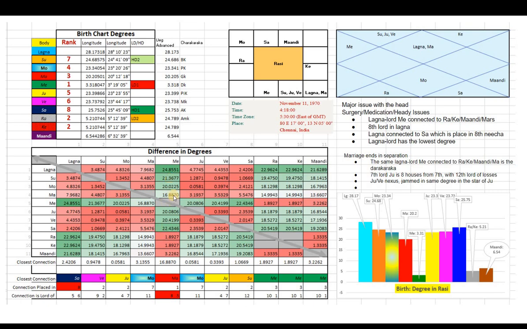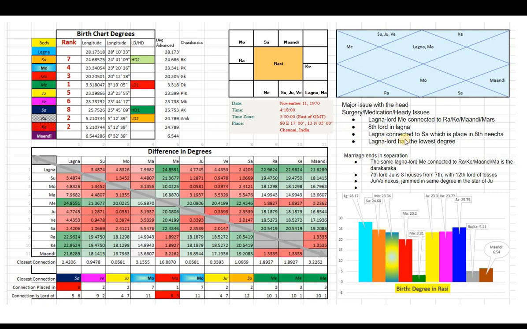Mars is the closest, and Mars is the 8th lord. So head, definitely, Lagna representing the head, is suffered because of Mercury's connection with so many negative planets. And the 8th lord himself is sitting in Lagna. Mars is sitting in Lagna. He is the greatest papi for this Lagna, and he is sitting there.